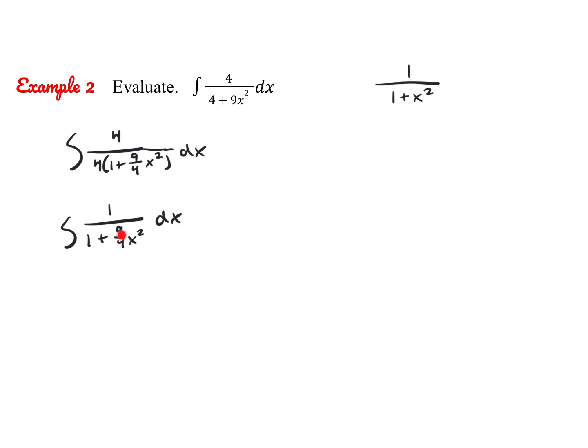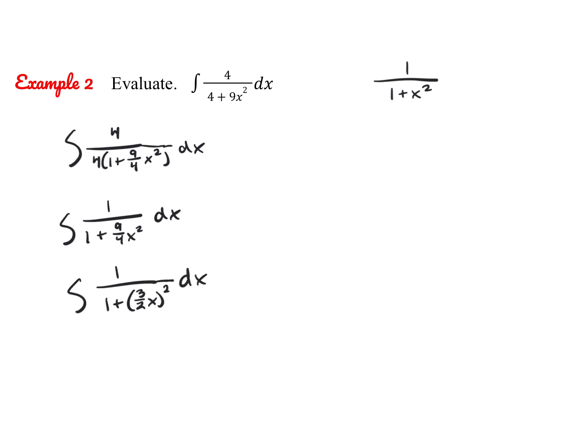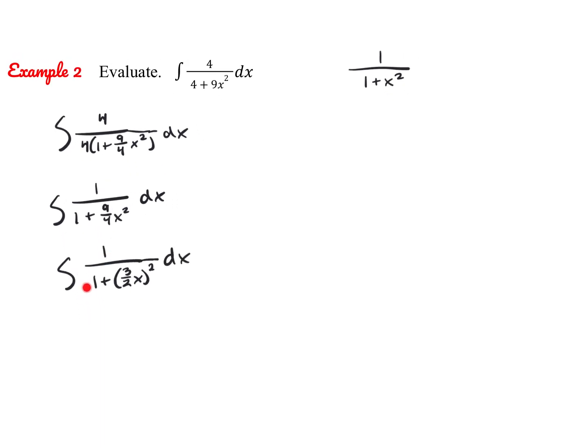So then I'm wondering if I can rewrite this to help me out with that. So I'll say 3 over 2x and then all of that squared. So then when I do my u sub, I end up with 1 over 1 plus u squared. So I can set u equal to 3 over 2x.